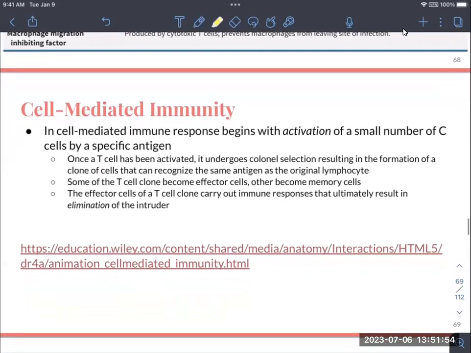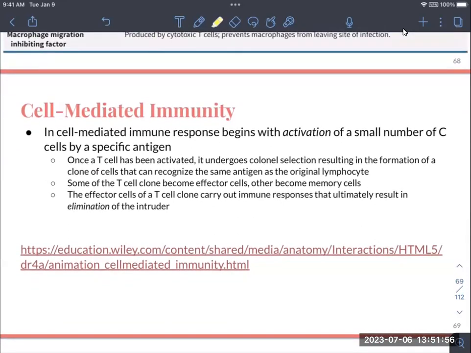So for cell-mediated immunity, we need cells to become activated first. We need the activation of a small number of cells before we can actually go through with an immune response.